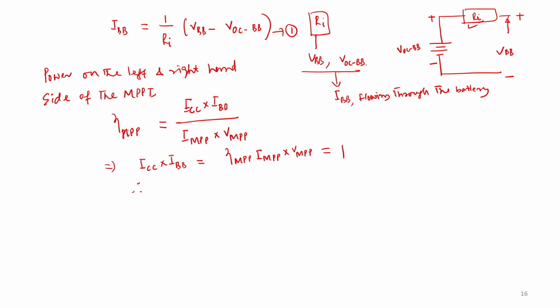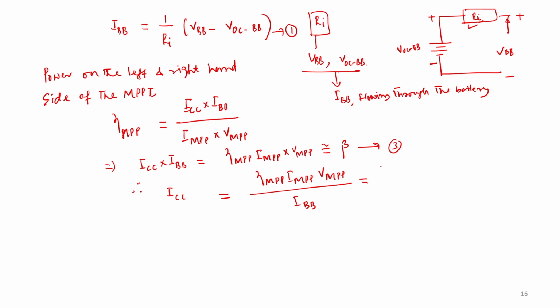And we can assume a value, or a parameter, called beta. Okay. So, this may be equation 3, and we can write ICC in terms of beta. So, eta MPP times IMPP times VMPP over IBB. Okay.